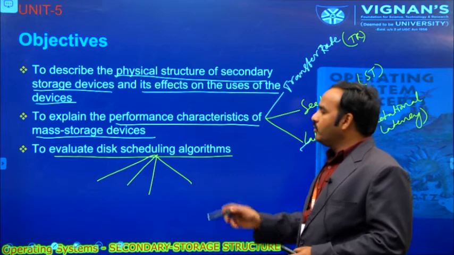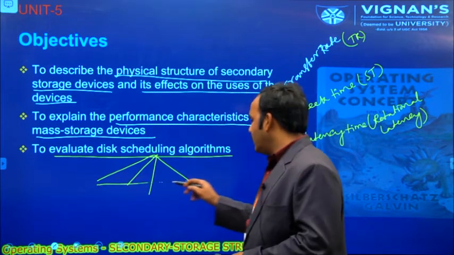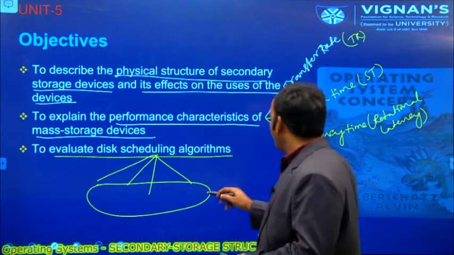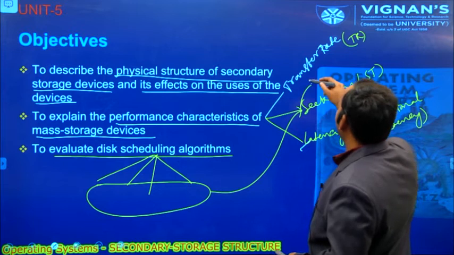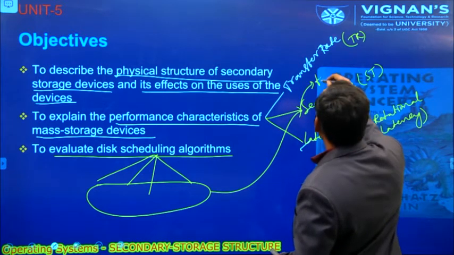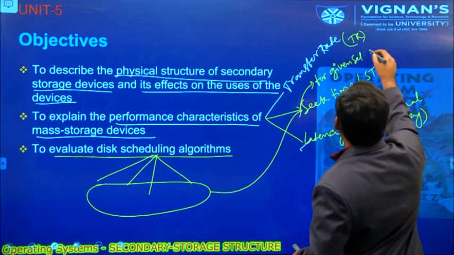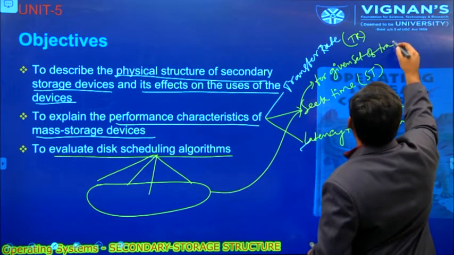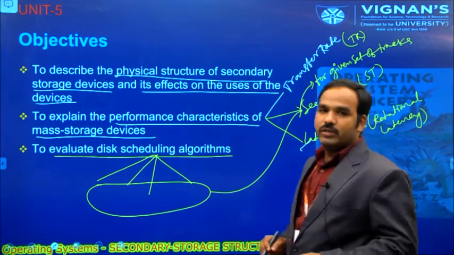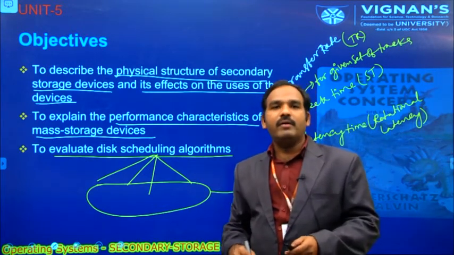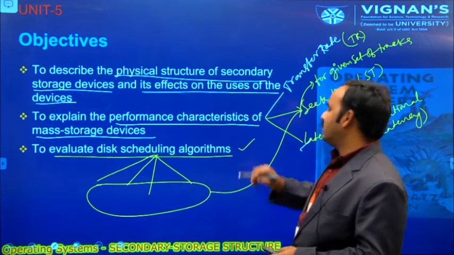Using these disk scheduling algorithms, we will calculate the seek time for a given set of tracks. All those things we will see as the third topic. This is the third objective of this unit.